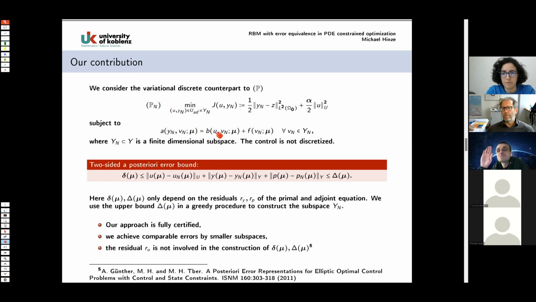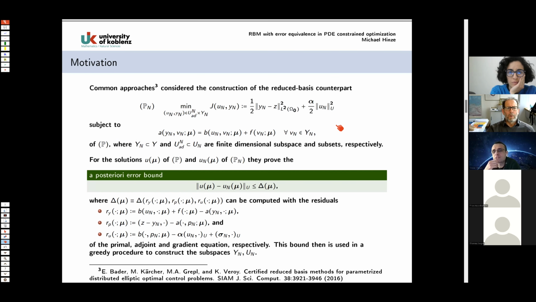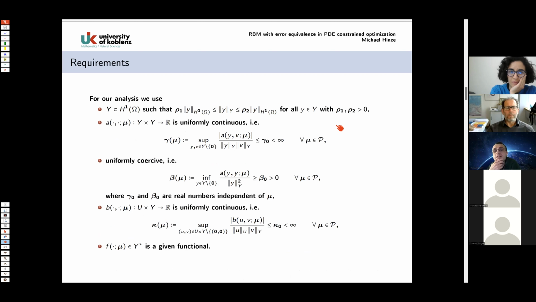Ryan, please. Okay, I have one more, and I'm always asking this type of question. So, what you showed, Michael, at the beginning with the requirements. So you mentioned that you need the usual coercivity and continuity. Right.